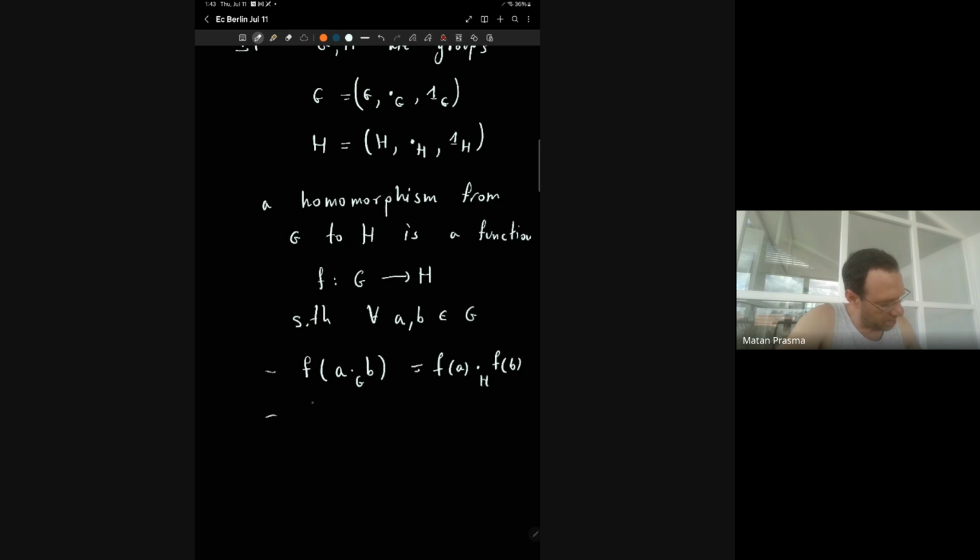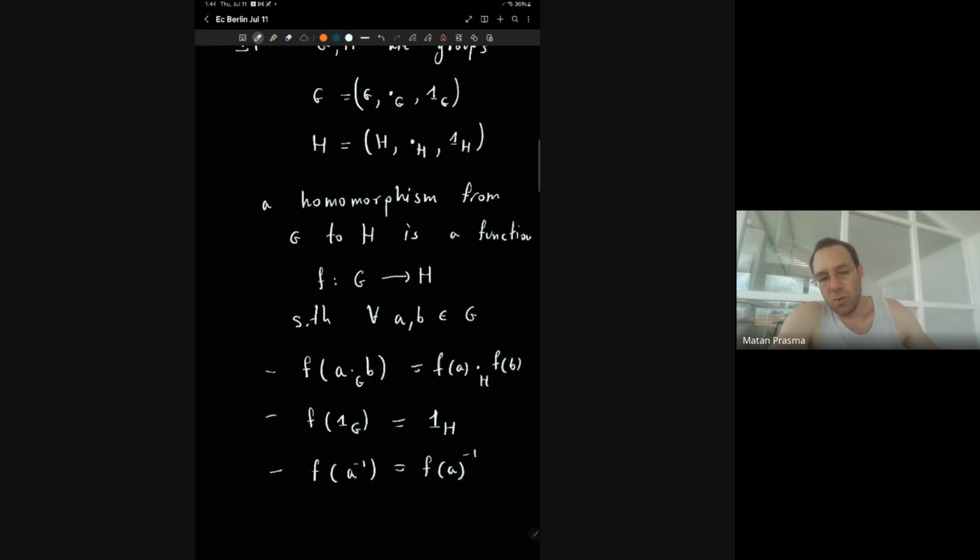And let's say f of the unit element in G is the unit element in H, and f of a multiplicative inverse of an element in G is equal to f of this element, and then applying multiplicative inverse in H.